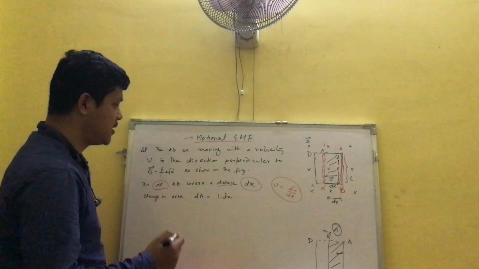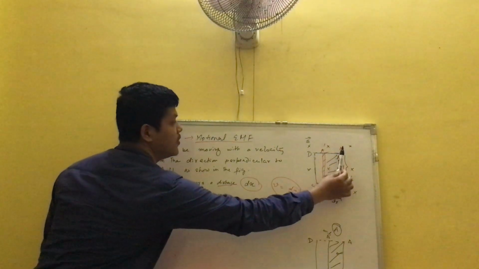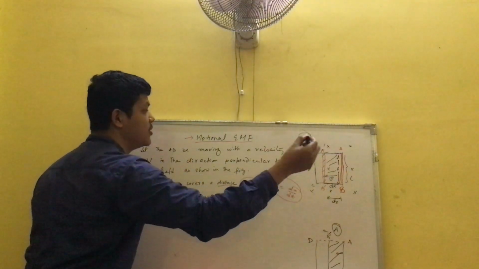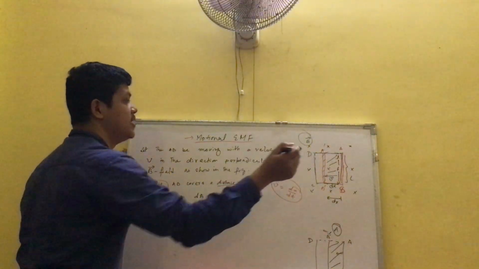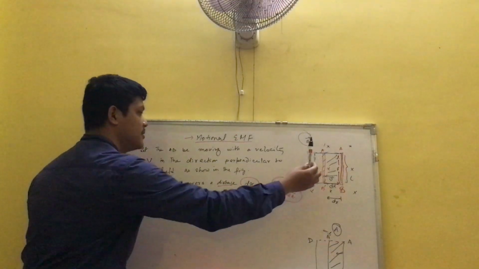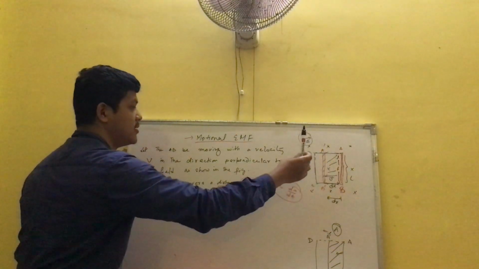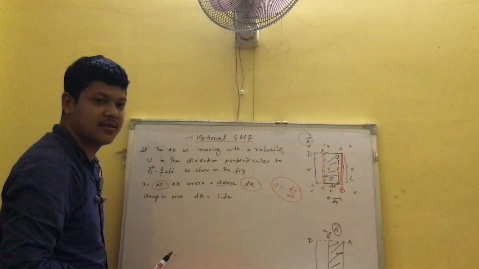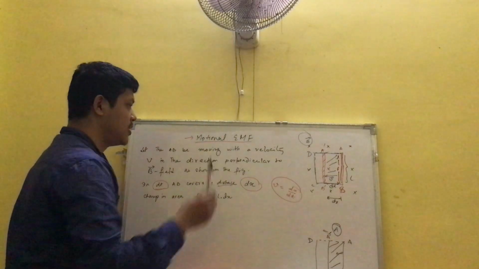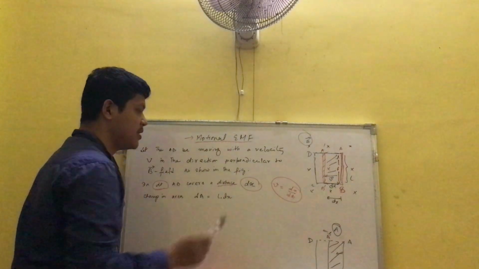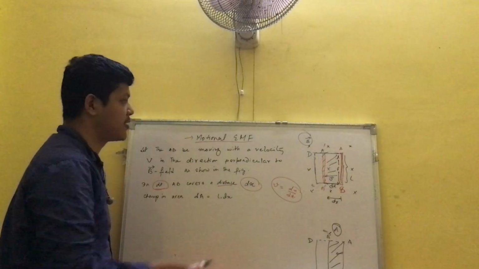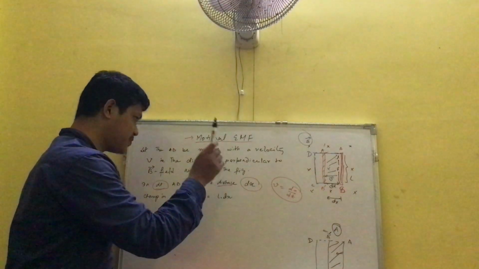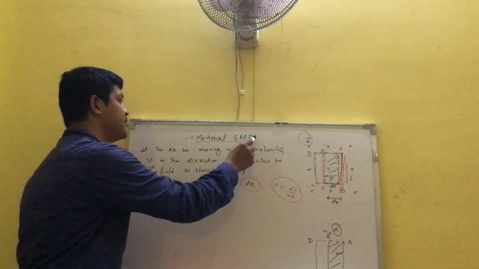Now, as it is moving in this direction, perpendicular to the magnetic field B, which is going inward normally into the board, the rod is moving perpendicularly. So while it is coming, it is cutting the field lines. You can assume that way. So that's why there must be a change in flux across this rod, and due to that change in flux, there must be an induced EMF.